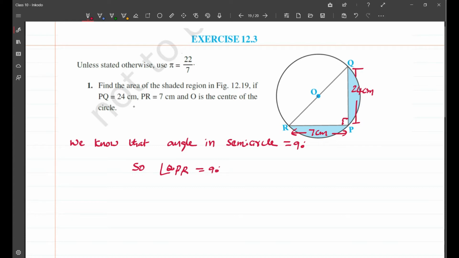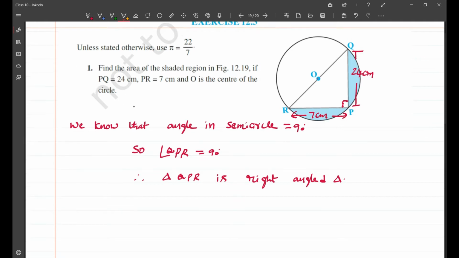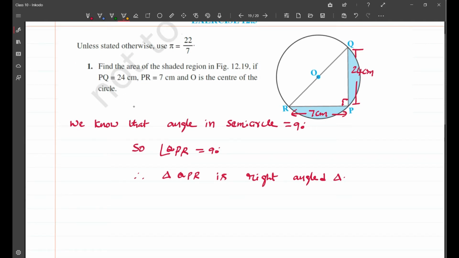Angle QPR is 90 degree. Therefore, triangle QPR is right angle triangle. In this figure, we need to find out the area of blue colored region.